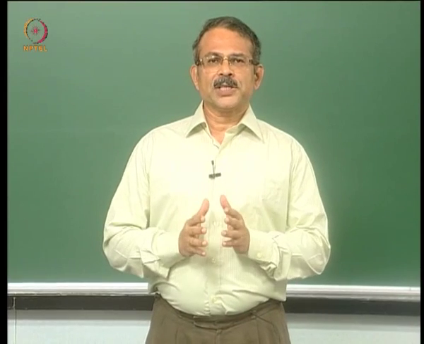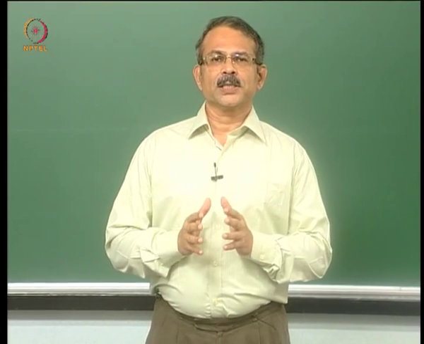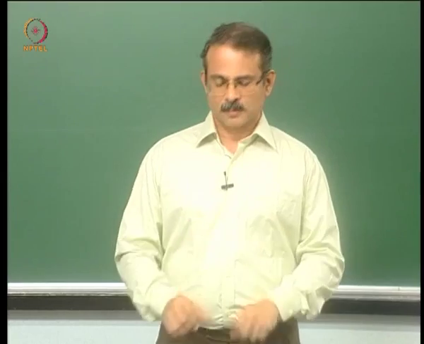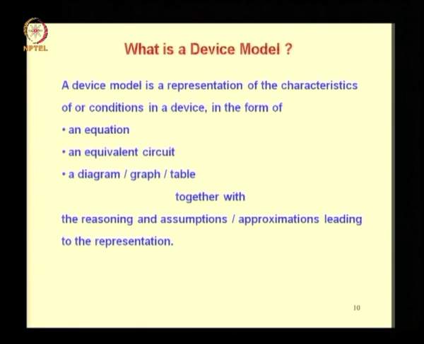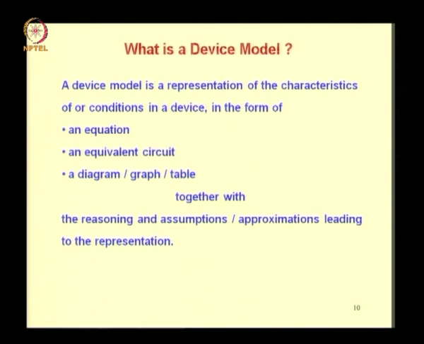So this lecture is a formal introduction to the course. Let me repeat a slide from the previous lecture regarding what is a device model. So we said a device model is a representation of the characteristics of or conditions in a device in the form of an equation, an equivalent circuit or a diagram, graph or table, together with the reasoning and assumptions or approximations leading to the representation.